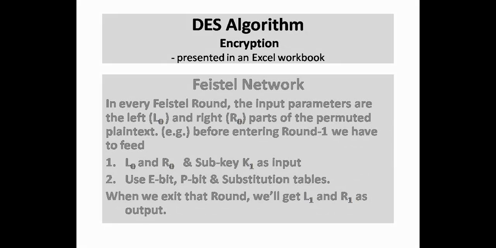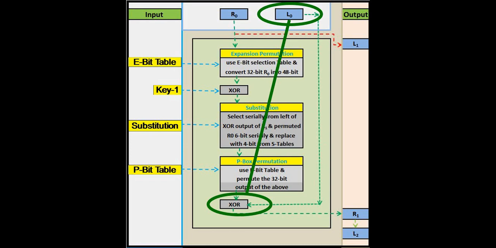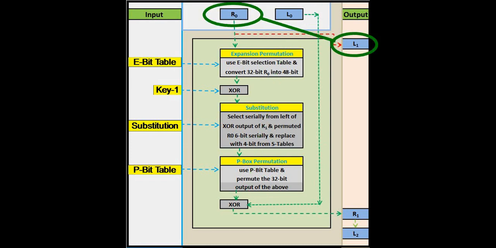Inside each Feistel round, we have the IP permuted L0 and R0 in rows 9 and 10. We begin with L0 but leave it as it is until we consider it for XOR in step 7.